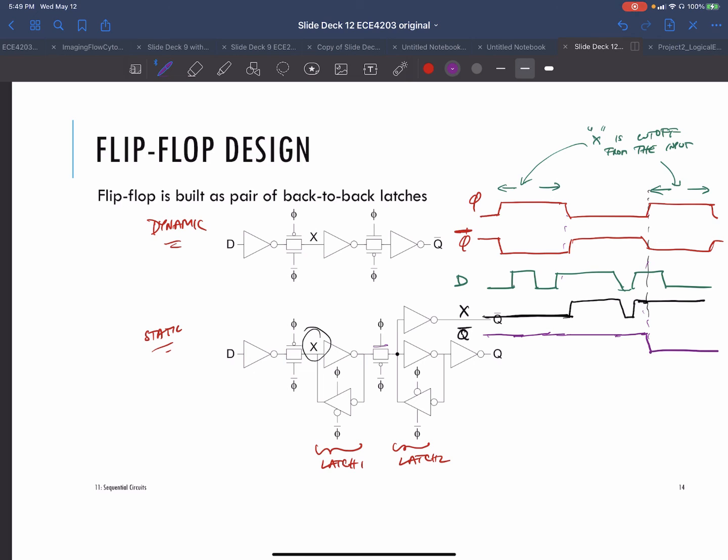So it ends up being an edge-triggered sequential circuit, and that's because you have two back-to-back latches.